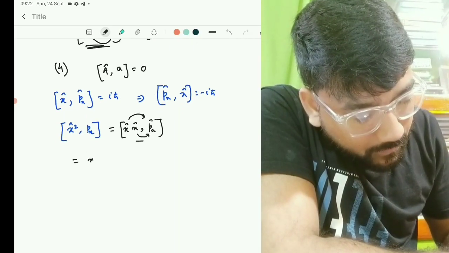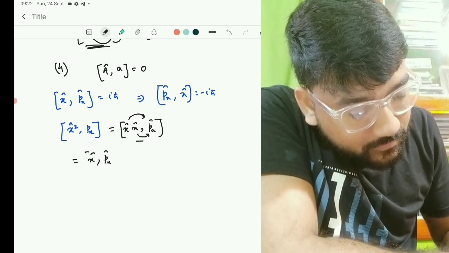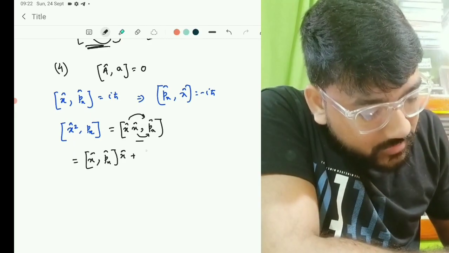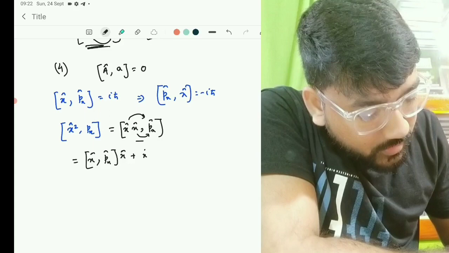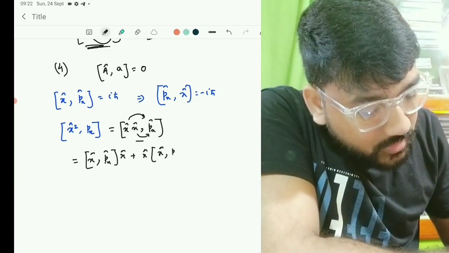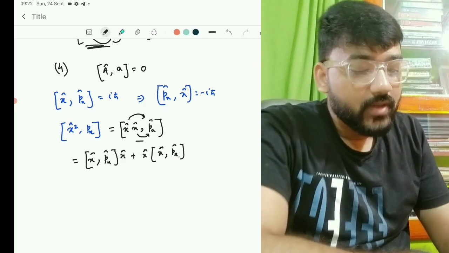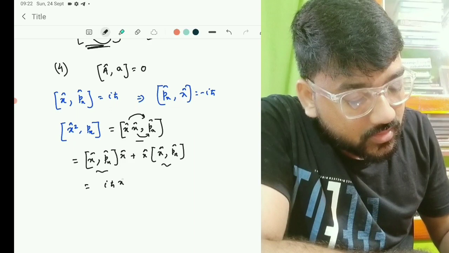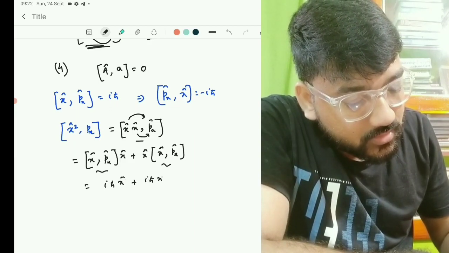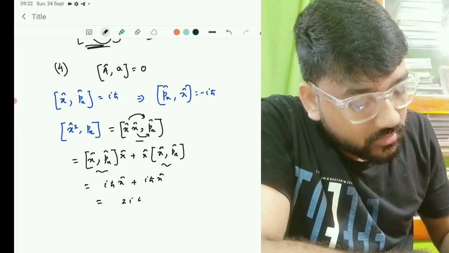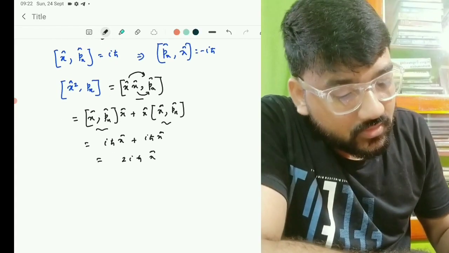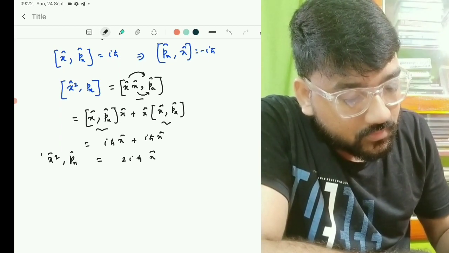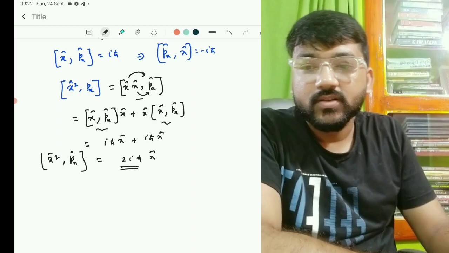So this will be just x cap [x cap, px cap], and one x cap is outside, plus again x cap is outside, and this is [x cap, px cap]. As this is i h cross, that will be i h cross x plus i h cross x, so that will be simply 2 i h cross x. So your [x square, px] will be simply 2 i h cross x.